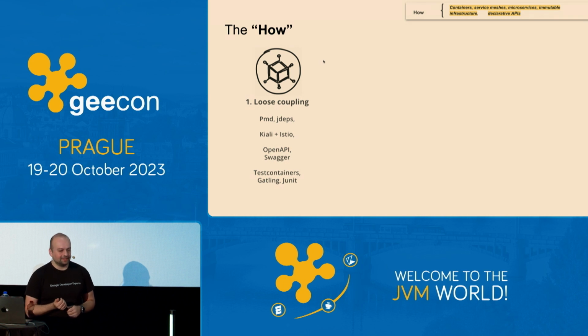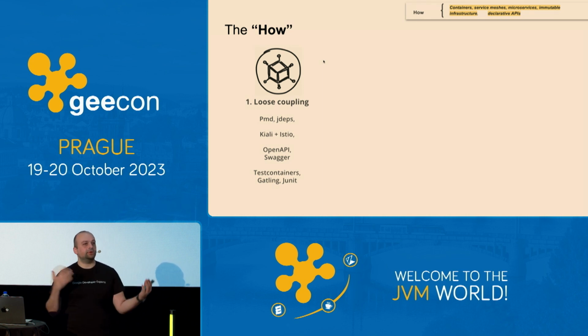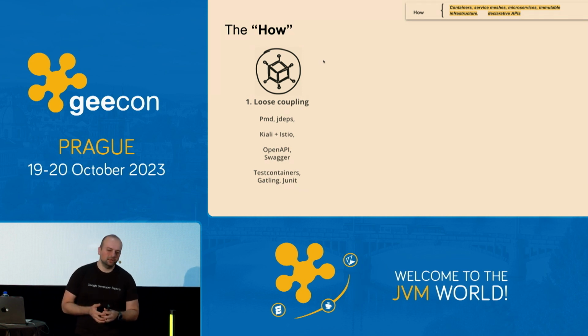A few things I want to mention here: there are things you can do for dependency inspection. So that's like PMD, which is really nice. You can actually see how things are connected. JDeps also shows you the dependencies that you're using. Somebody had a talk yesterday where they showed a really nice tool which can also work right out of the IDE, I think it was IntelliJ.